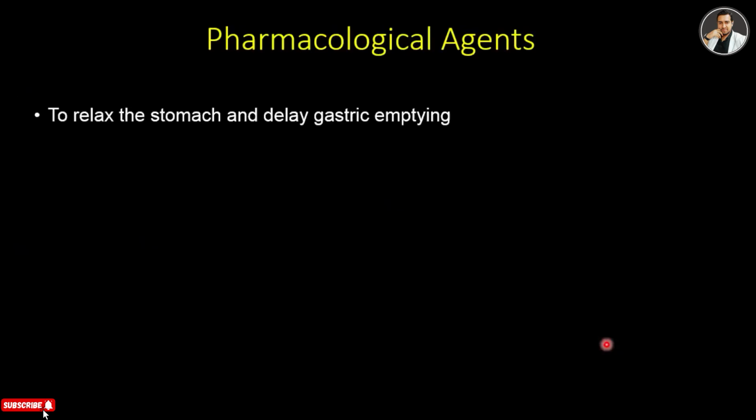There are also some pharmacological agents used, like Buscopan, to delay the gastric emptying. That means they decrease the function of the stomach, and they decrease the peristalsis movement of the stomach.